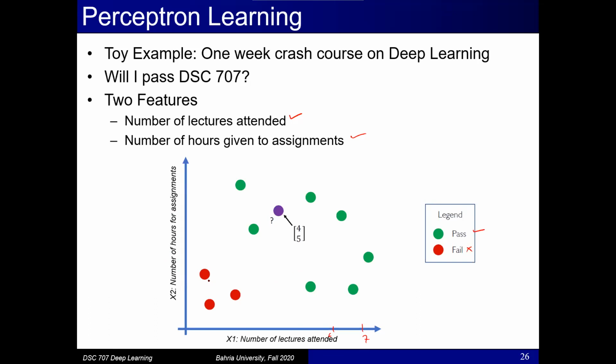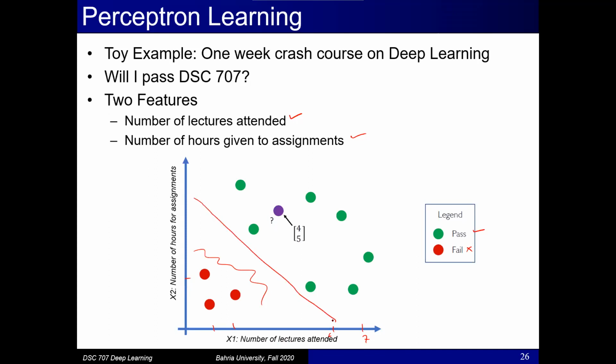You can already guess that all the data lying in this region have attended very few lectures and dedicated very few hours to the assignments. So it makes sense. Now, from this training data, if there is a perceptron, it should learn a boundary like this.